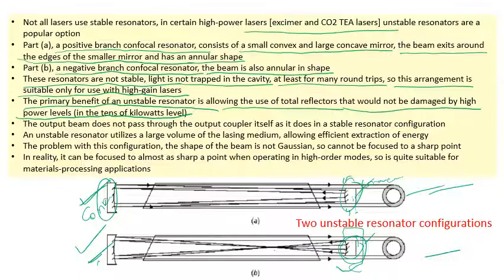If you make it stable, with same size mirrors, then the cavity will definitely be damaged. So gain is high, and tens of kilowatts you can achieve even with this kind of unstable cavity.